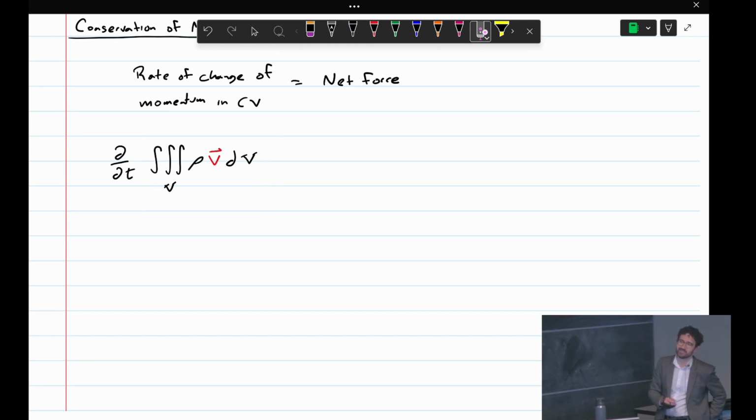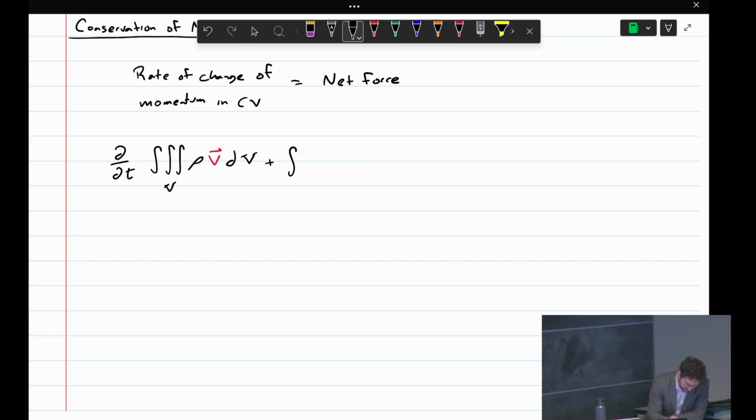You're not used to having to integrate to get momentum. It's normally just mass times velocity. But we have to account for our CV possibly having different velocities throughout it, so we do a volume integral to get the CV's momentum. The partial by partial t is the time rate of change. So that's one way that our CV can change momentum.